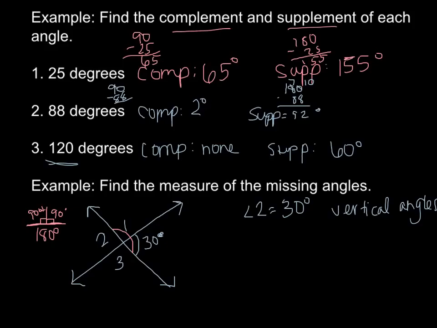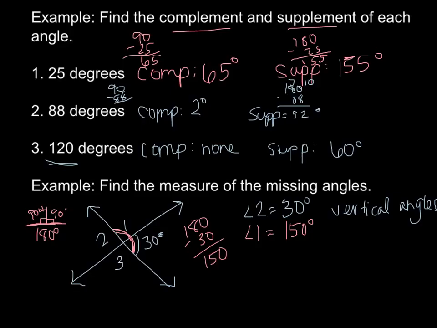So these two angles are supplementary. I have 30 degrees and I need to find out what the rest of it is. I can know that angle 1 is 180 minus 30, or 150 degrees, because the whole line is 180 degrees. We can just remember that a whole line is 180 degrees because a right angle plus a right angle equals 180.